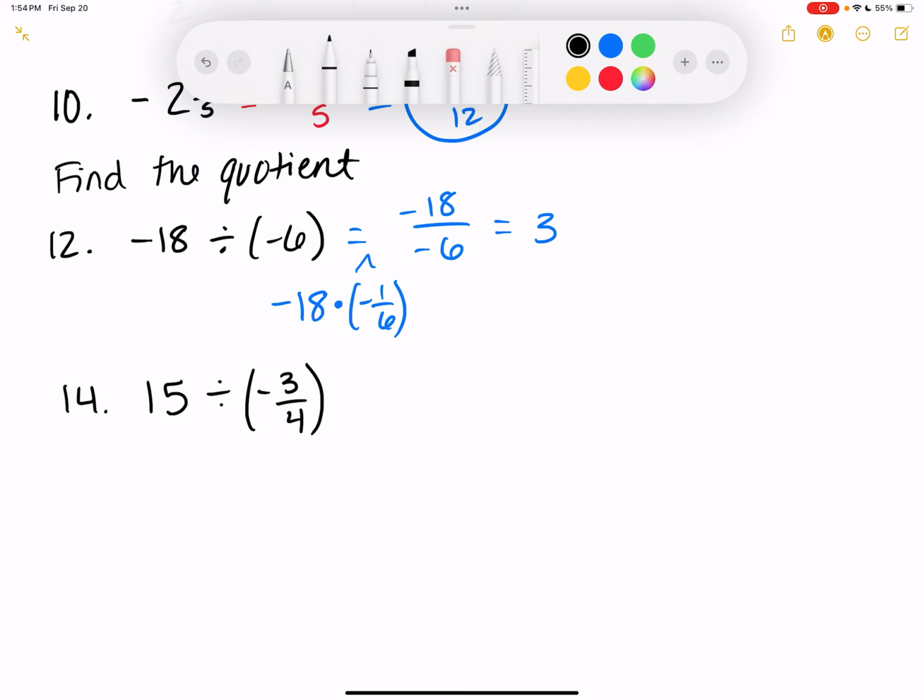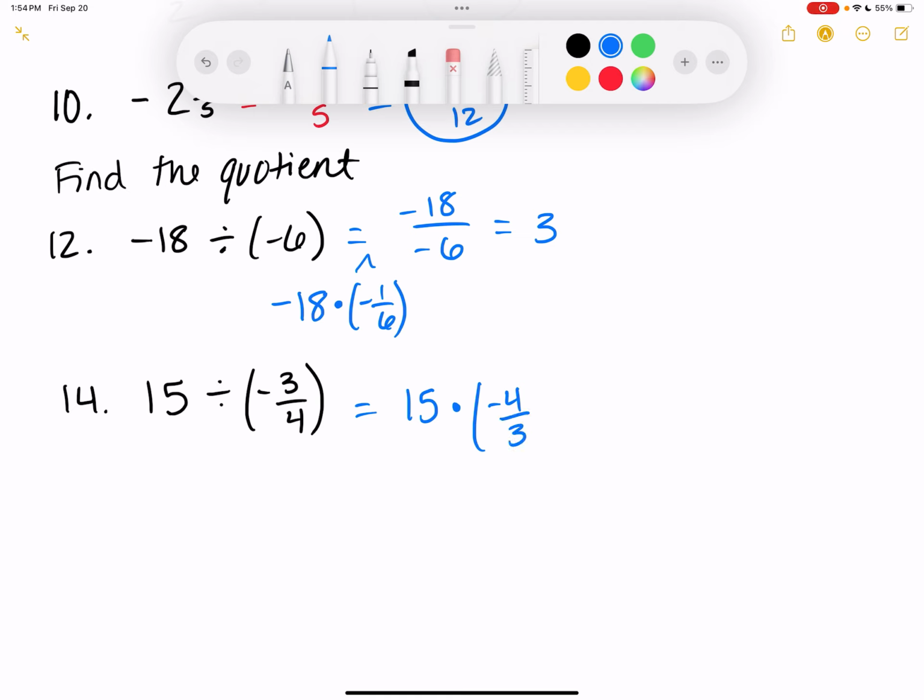Whenever you divide by a fraction, we basically multiply by its inverse. So I am going to do this one as a multiplicative inverse. I'd have 15 times, what is the multiplicative inverse of negative 3 over 4? Negative 4 over 3.